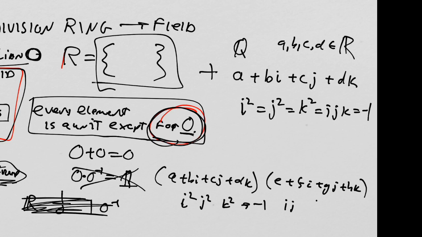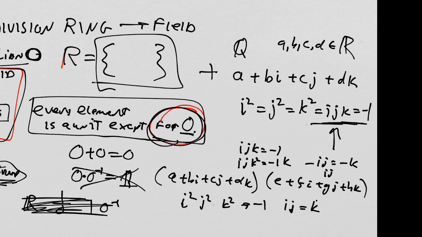If I see ij, I can replace that with k, and there's a little multiplication table that can be derived from this last part without any trouble. For example, ijk equals -1, so ij k squared equals -1 times k, so minus ij equals minus k, so ij equals k. You can derive all of the little products without any trouble.